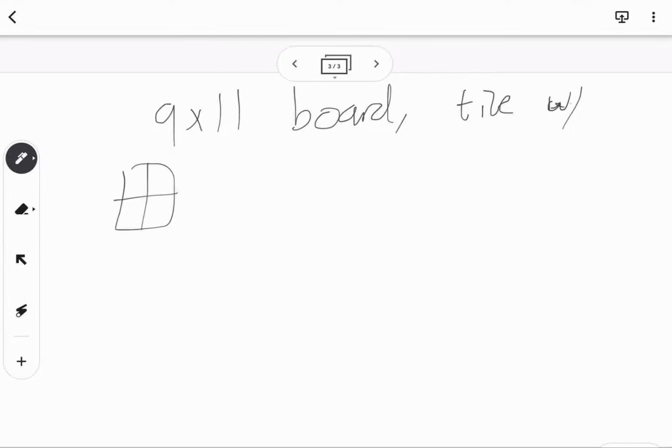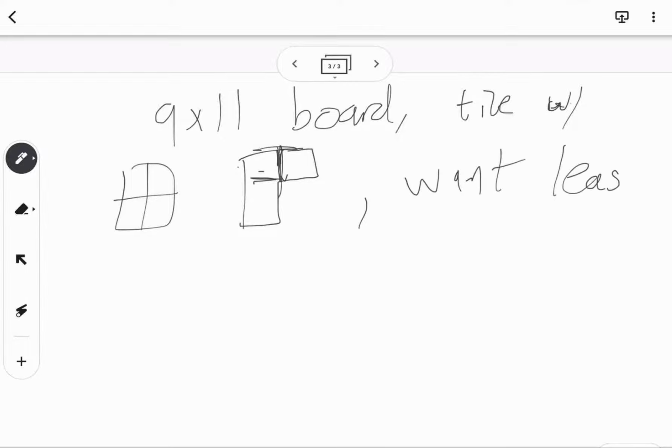So this next problem is, if you have a 9 by 11 board, and you can tile it with 2 by 2 squares or these L-shaped trinomials, then what is the smallest number of shapes needed to fully cover the board?